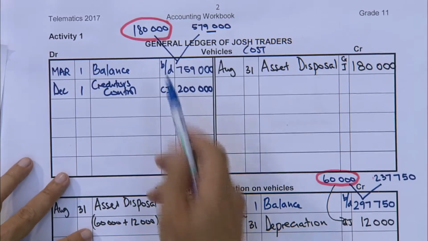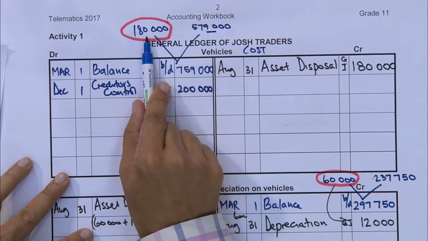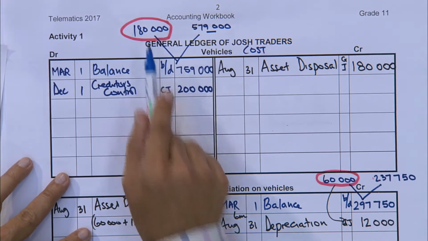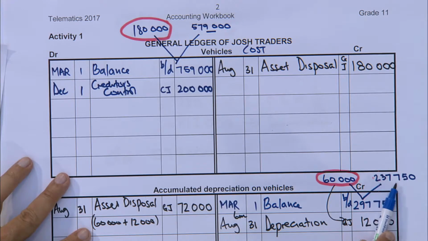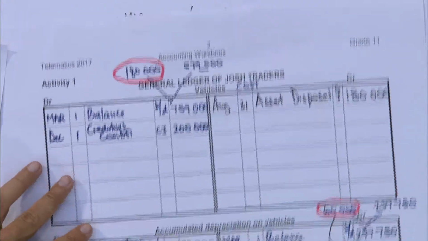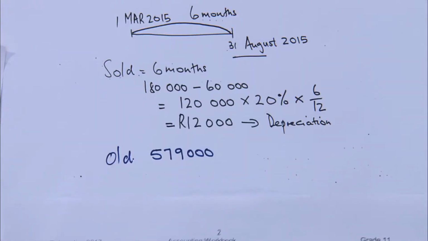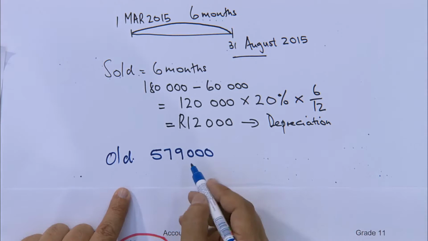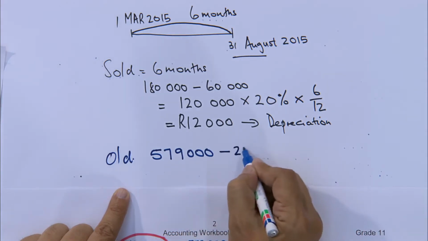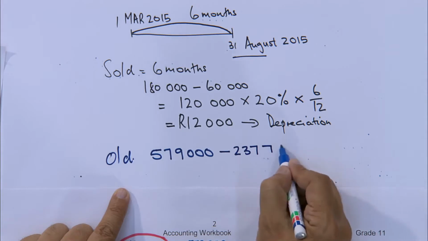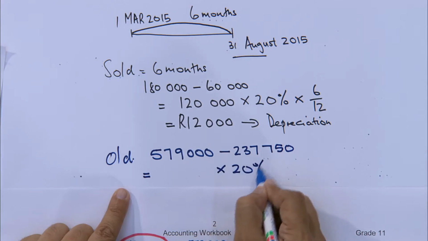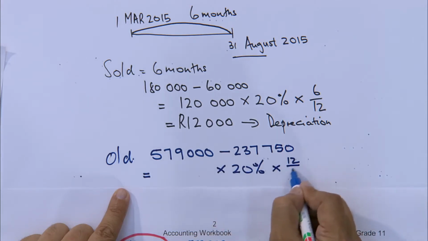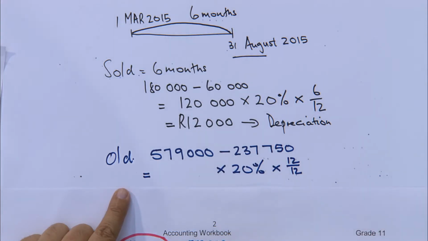And here you can see in the split it was 180,000 was the cost price of the vehicle that we're selling. 60,000 of that accumulated belonged to that 180. So what was left was the 237,750. So now when we get to the calculation for the depreciation on the older vehicle, it's 579 minus 237,750. Then we're going to get an answer, and then we're going to multiply it with 20% times 12 over 12, because we have the old vehicle the whole year.